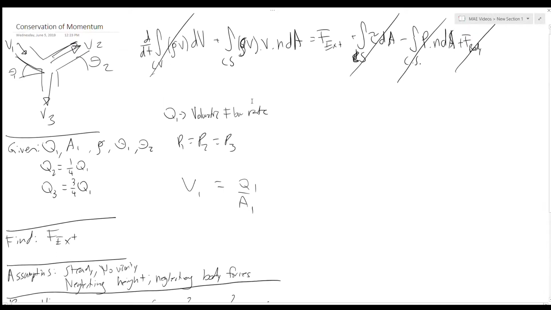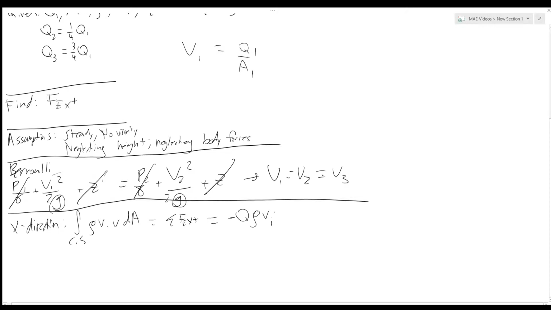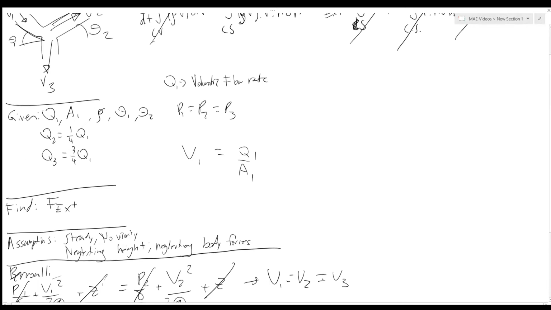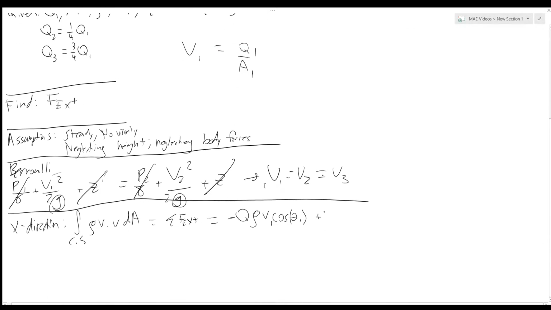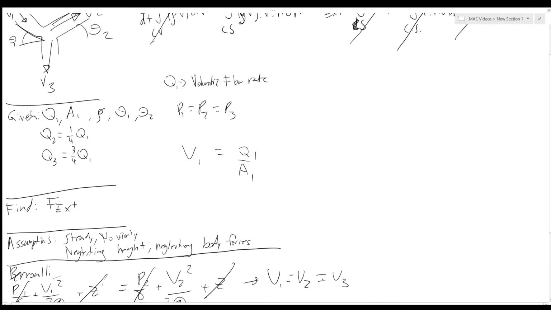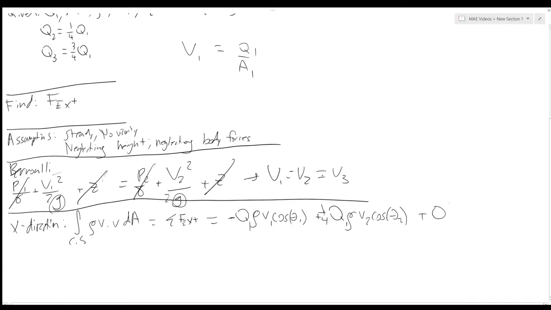In this case, we're trying to do the x direction of v1, so it's v cosine theta 1. Then we're going to add Q2, which, like we said, is 1/4 Q1, so rho v2 cosine theta 2, plus 0, because this third velocity is just straight in the y direction, is equal to the force in the x.